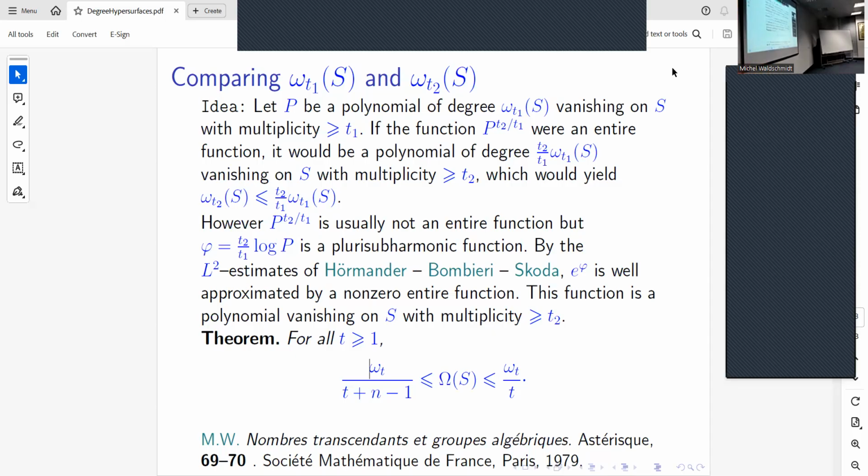This bound is not true, but using this estimate we get a bound which is true, which is the bound for omega t1, and this bound enables one to have the bound for omega 1. So the bound that we obtain is omega t divided by t plus n minus 1. We should take n equal to something a little bit weaker than what I found before. So there is an improvement which is going to come.